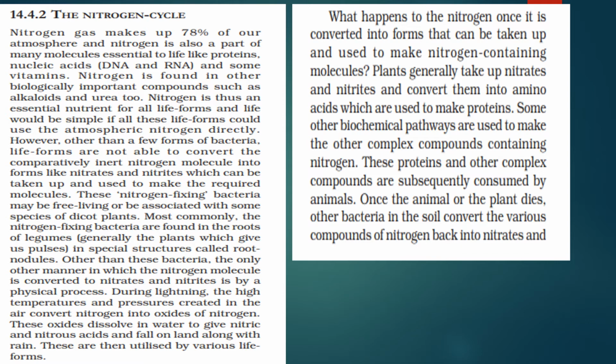After that, what will happen? The plants will die one day, and when they die, the protein present in their body will be decomposed by the bacteria in the soil. So in soil it will again be converted into ammonia, NH3, and this is called ammonification.